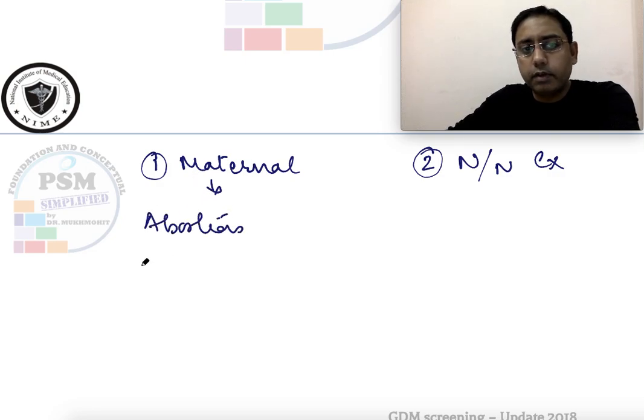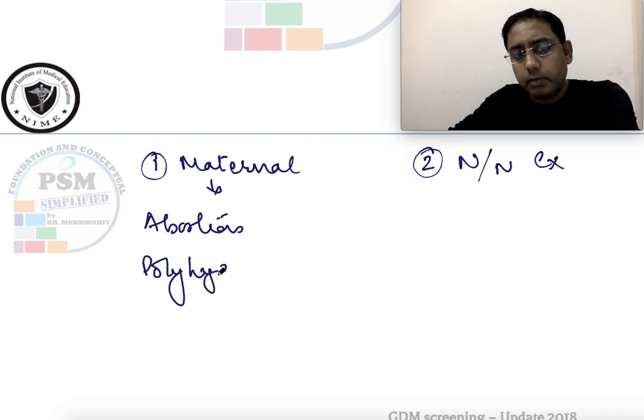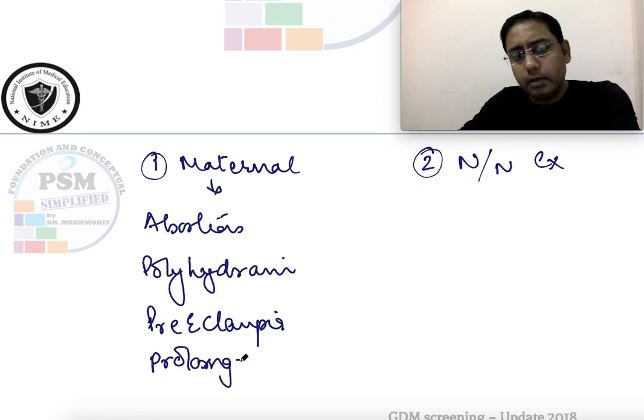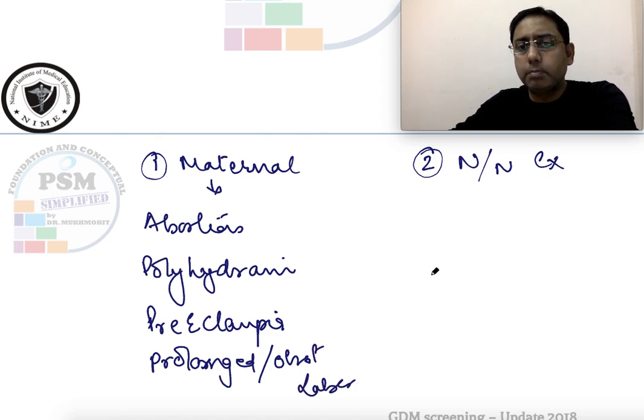GDM is predisposing to polyhydramnios, predisposing to preeclampsia, and predisposing to other complicated labor like prolonged labor or obstructed labor. So these are various complications which might occur from the maternal point of view.